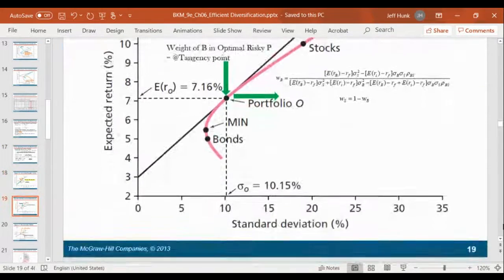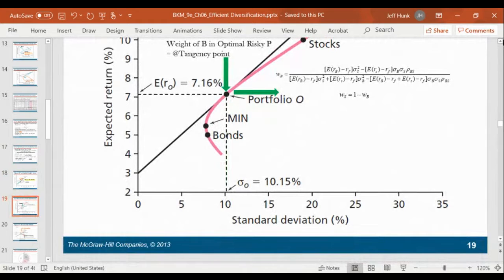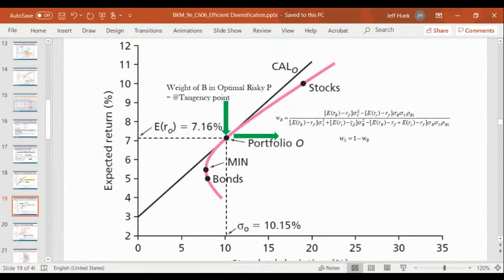So here, CAL O, the optimal portfolio capital allocation line. According to that, if we calculate it, the return on the optimal portfolio will be 7.16, and the standard deviation will be 10.15.